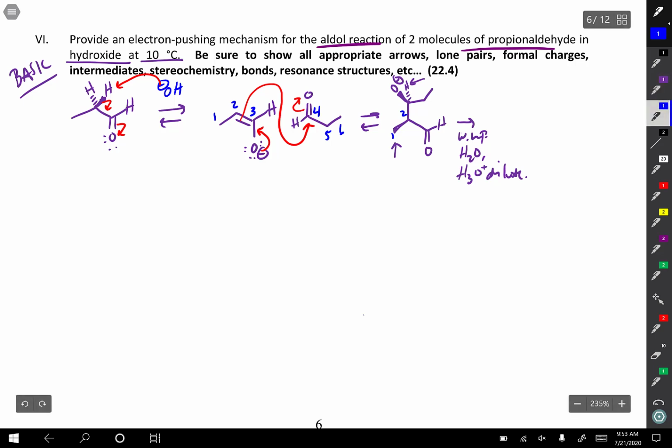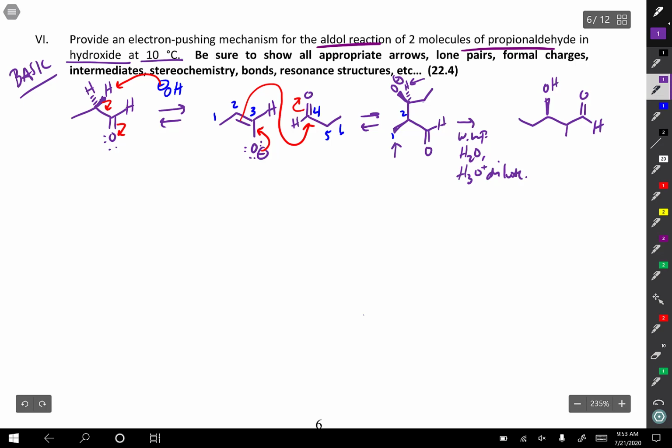I know that I have 1, 2, 3, 4, 5 carbons in my structure here. So why don't we do this? 1, 2, 3, 4, 5. And then what I'm going to do is draw in what we have. So I've got my aldehyde here at the end. And then this is my alcohol.